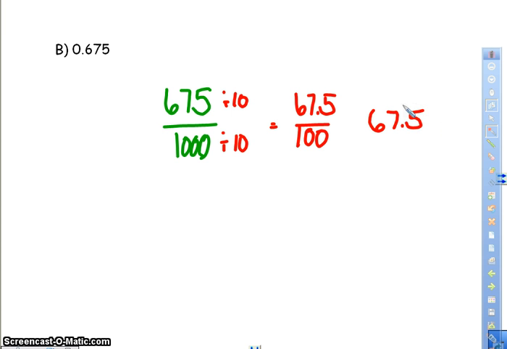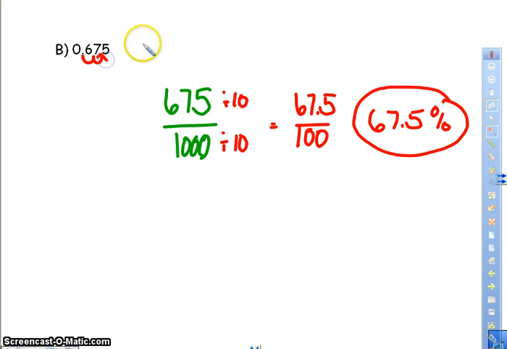So we have 67 and 5 tenths percent. Just like we said before, we can also show it by moving the decimal over 2 places, giving us 67.5, but don't forget to add your percent because it's going to change the problem completely. We know that 675 thousandths can't equal 67.5, but it can equal 67.5%.